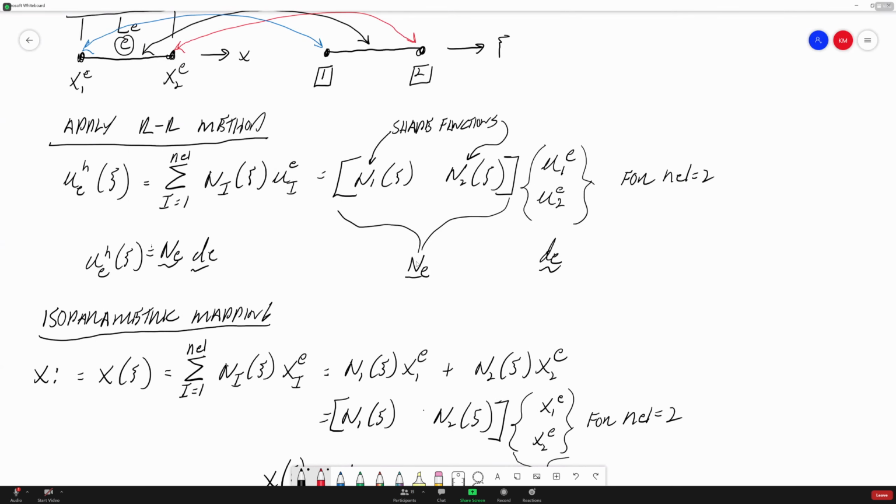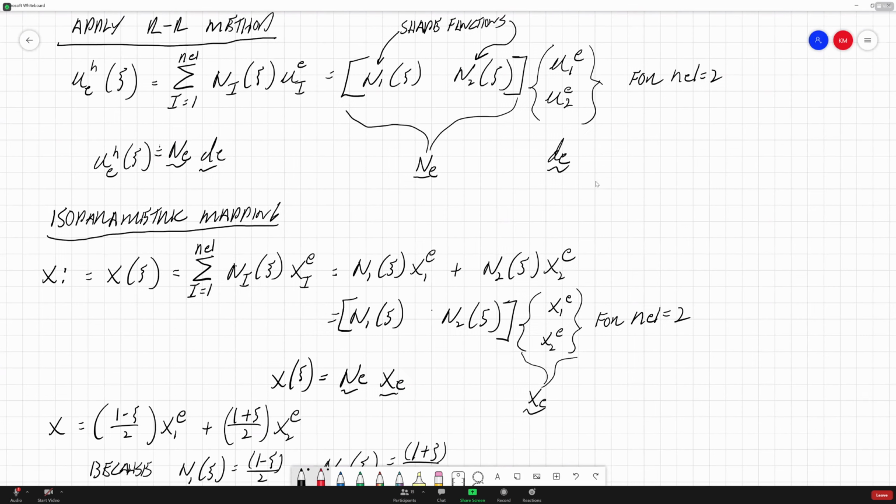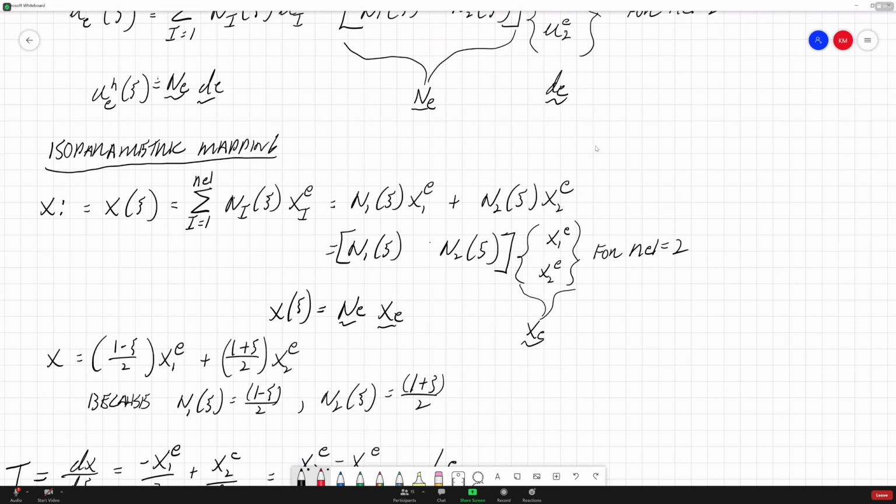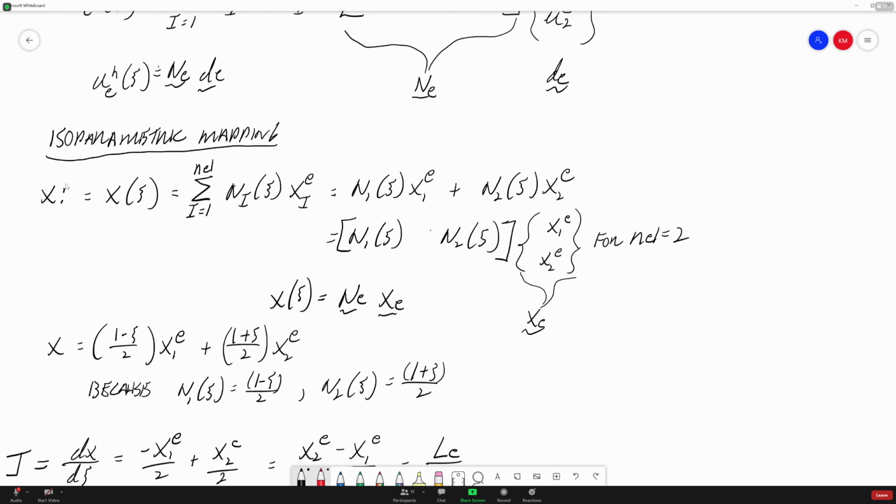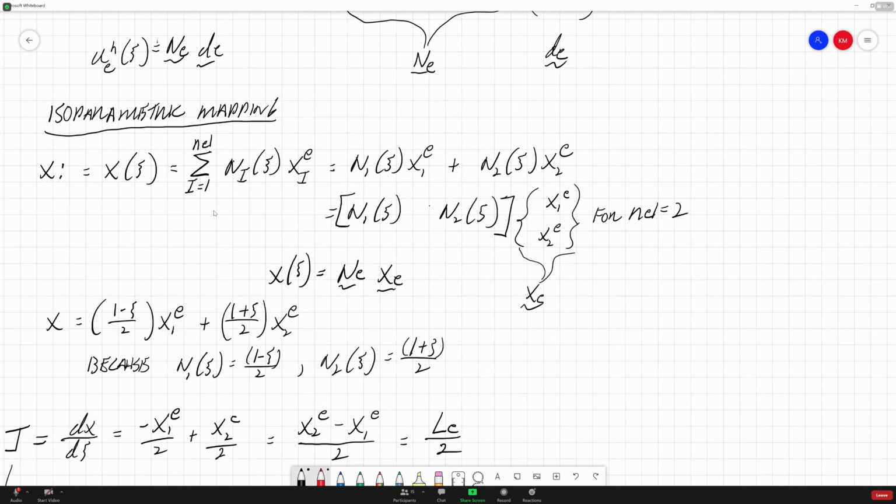And then we have some new definitions of what this shape function matrix looks like. So we're calling it NE. We have some isoparametric mapping that puts together our X and C mapping.